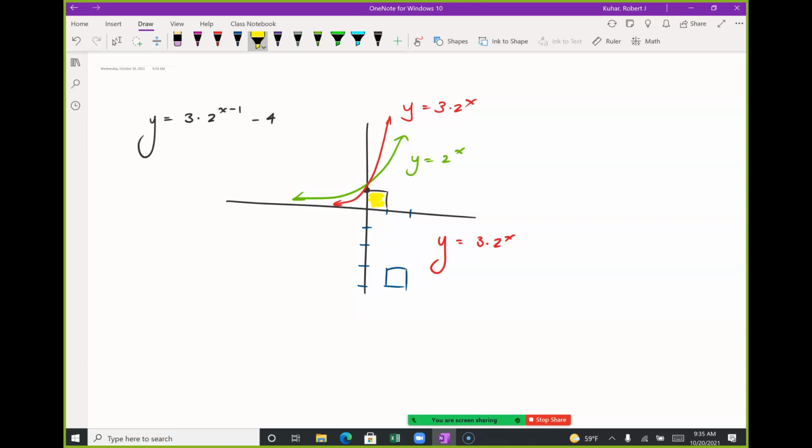Yep, down 4 over 1. Where is my over 1 coming from? The 2 to the x minus 1. Yeah, so that x minus 1 means move 1 to the right, right? X's behave inversely.